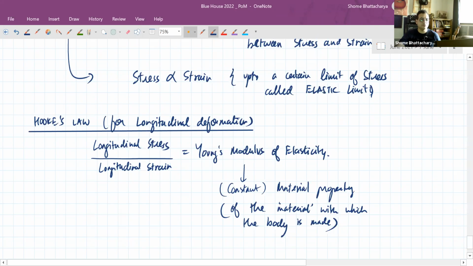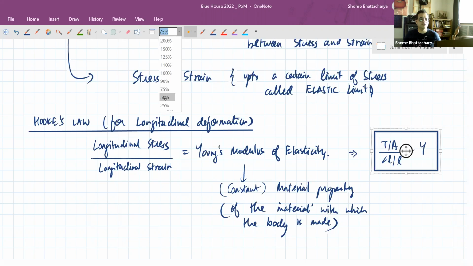So Young's modulus is nothing but the ratio of stress and strain. Okay, provided, of course, this condition, that this equation that we are writing, so we can write it like this, that stress upon strain, that's how it's written, that's equal to Young's modulus. Longitudinal stress is defined as tension per unit area.